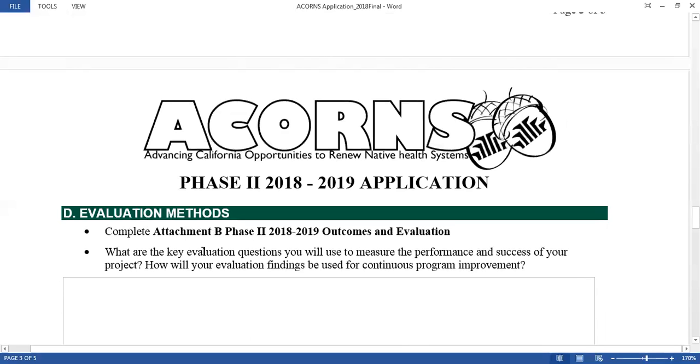The first one is, what are the key evaluation questions you will use to measure the performance and success of your project? How will your evaluation findings be used for continuous program improvement? So as a part of your project, you will need to determine what are your key evaluation questions. How do you want to know whether or not your program was successful and if you completed what you set out to do?